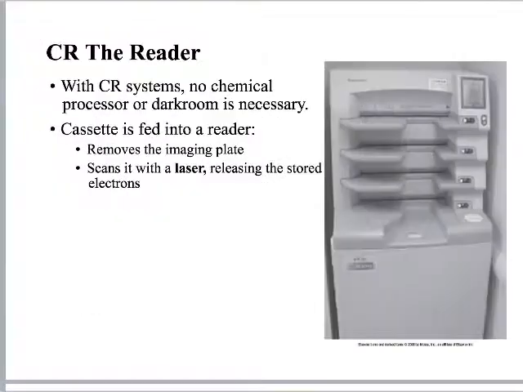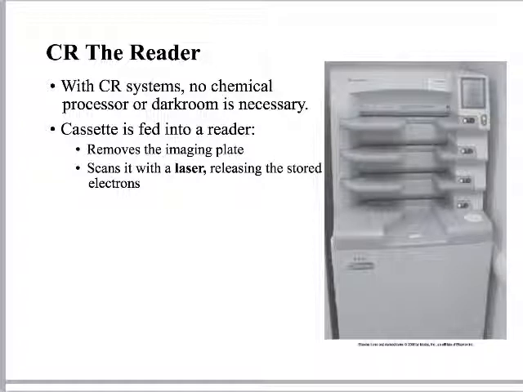So the CR reader is integral to this. It does not use any chemicals or anything like that. It's just going to pull the imaging plate out of the cassette and then scan it with a laser to release those trapped electrons. It brings those crystals back into that resting state. And when they go from that active state to the resting state, they release light, right?